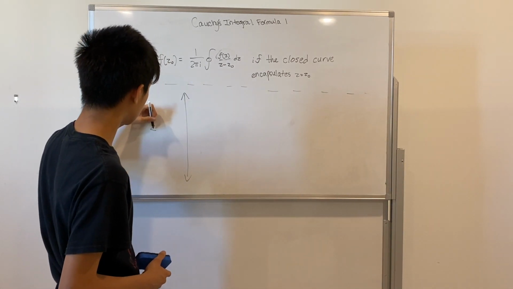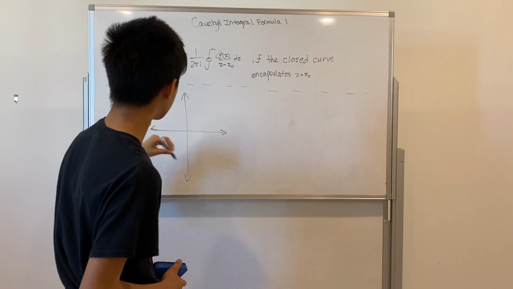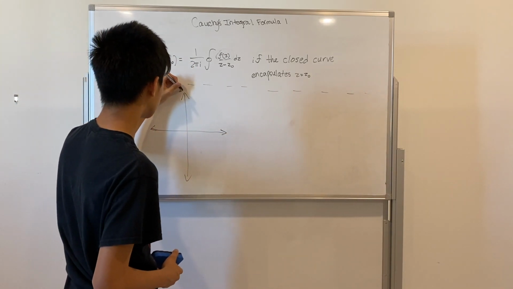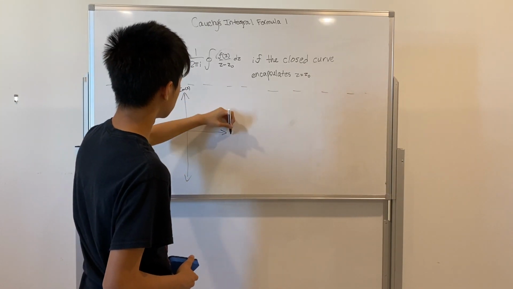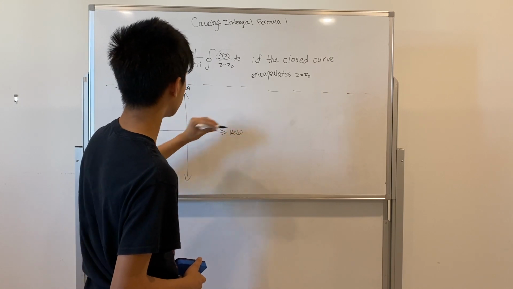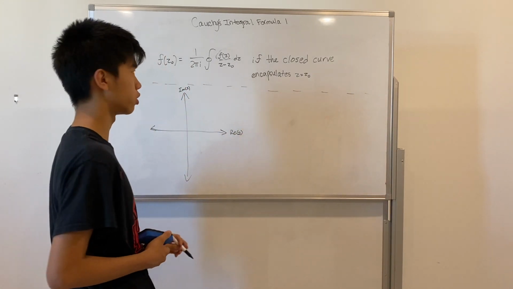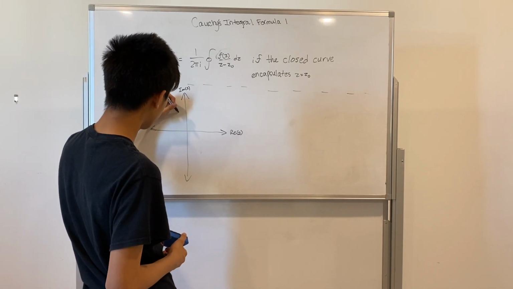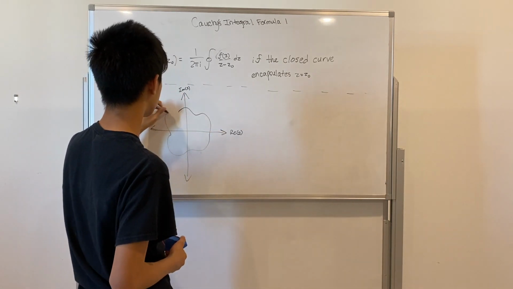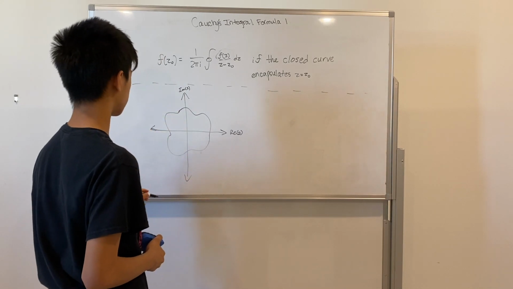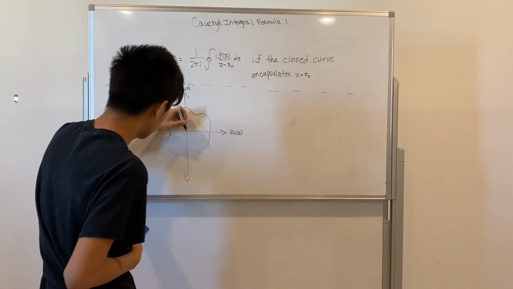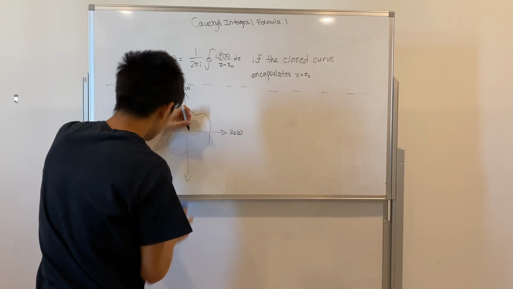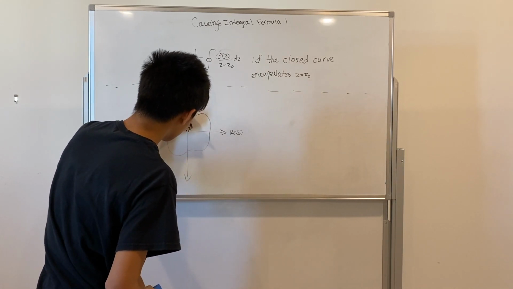So let me give a practice problem to show what all this means, because this is very difficult to digest. You're probably thinking, what are you talking about? So let's say we have this, I don't know, closed curve, and we have a discontinuity at z equals 0.